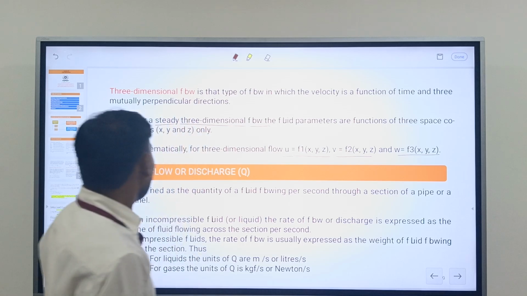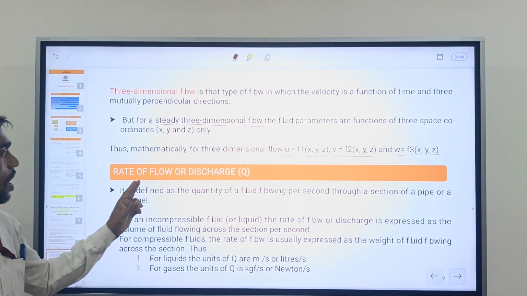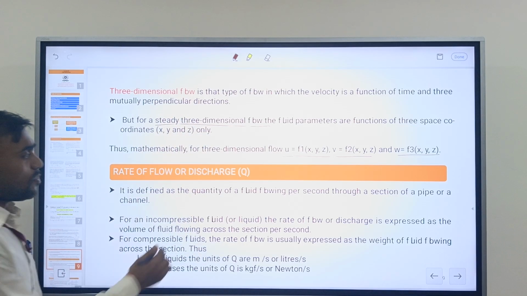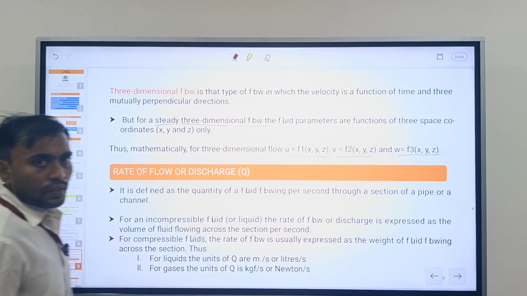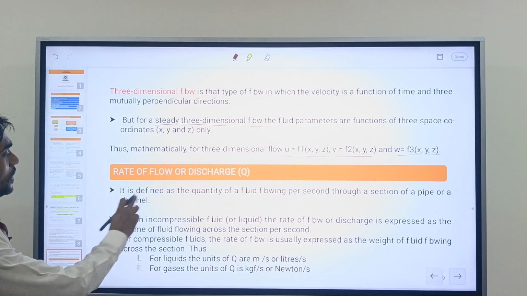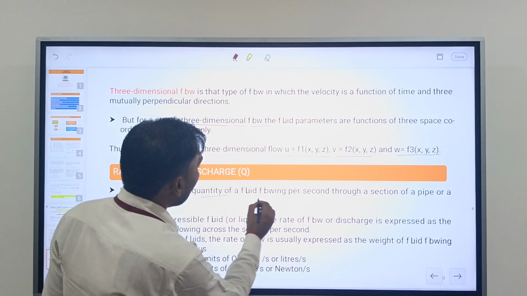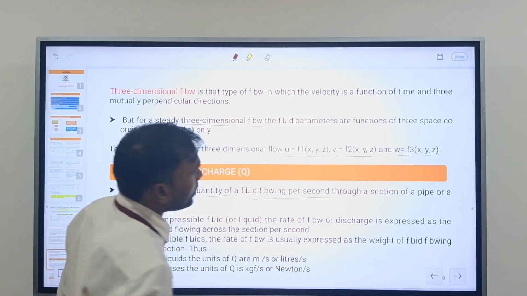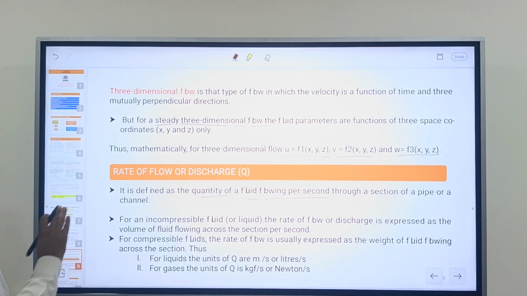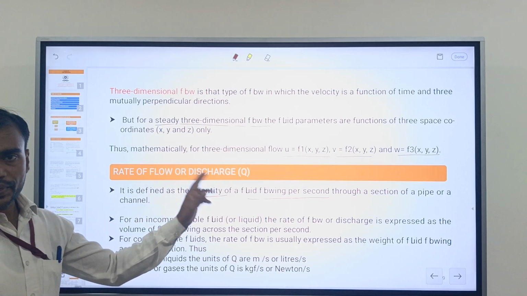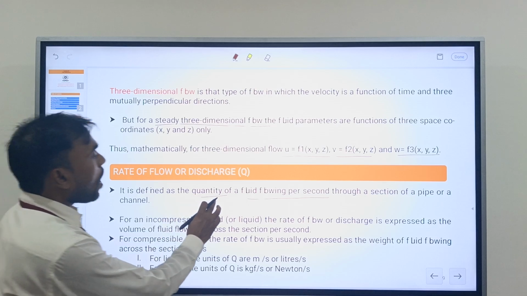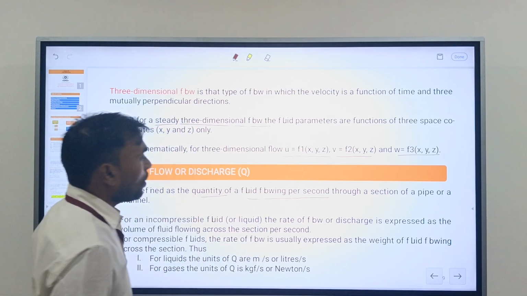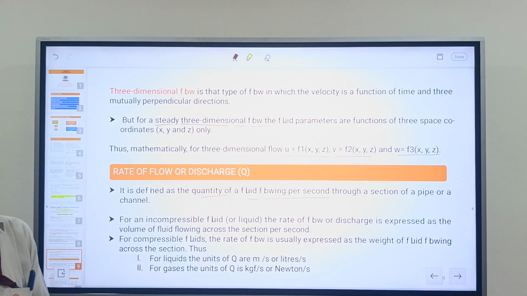Now next topic is the rate of flow or discharge. It is represented as capital Q. It is defined as the quantity of fluid flowing per second through a particular section of a pipe or channel.